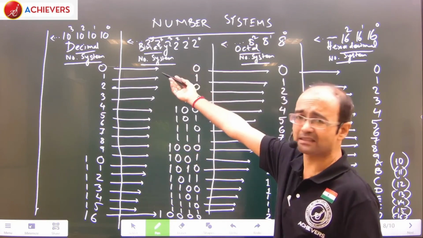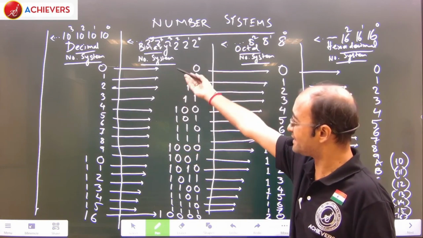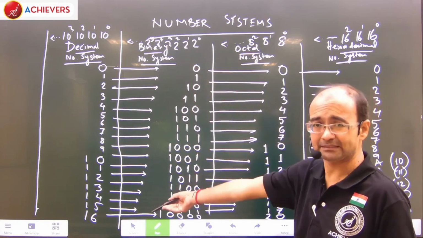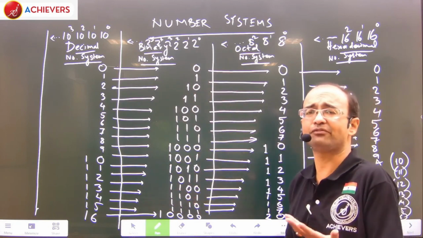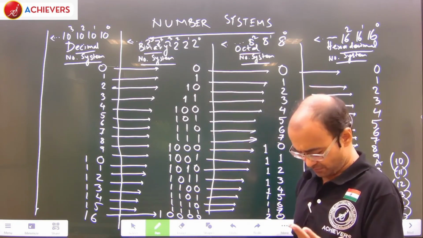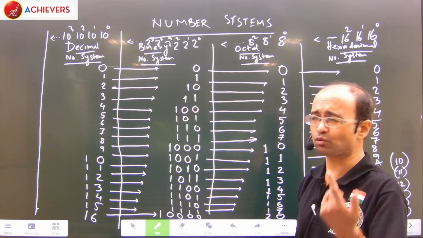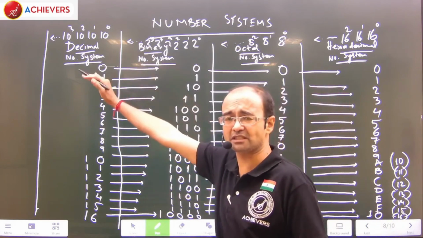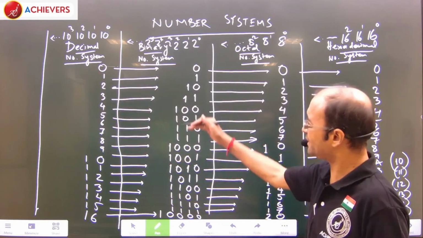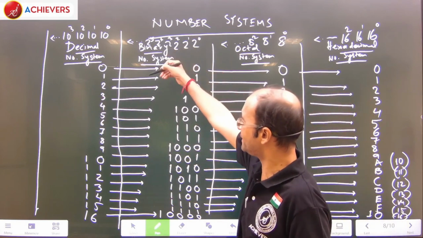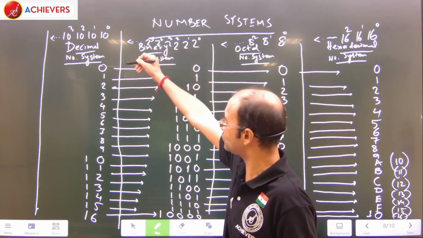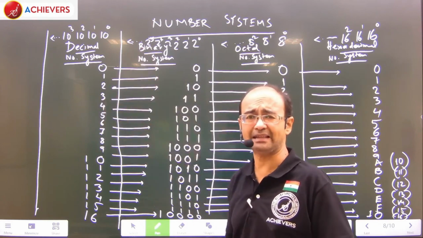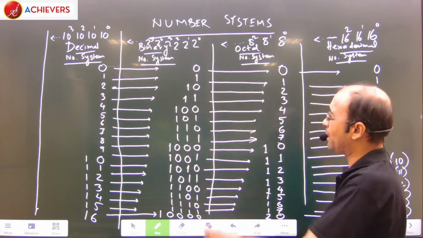Units place is 0 to 9, so tens place is again 0 to 9. Similarly, hundreds place, thousands place, etc., which we define as 10 to the power 0, units place; 10 to the power 1, tens place; 10 to the power 2 as hundreds place; 10 to the power 3 as thousands place, and so on. Everything is based on the power of 10.